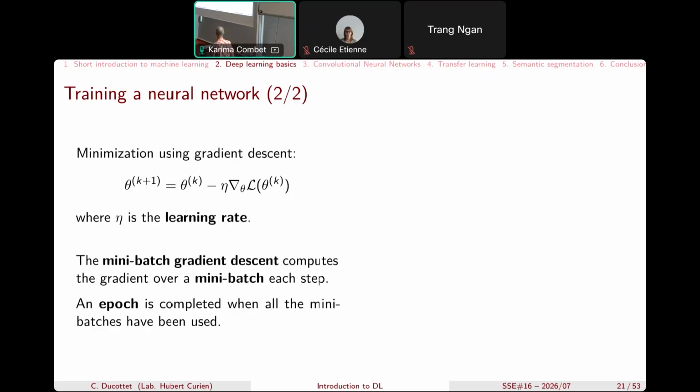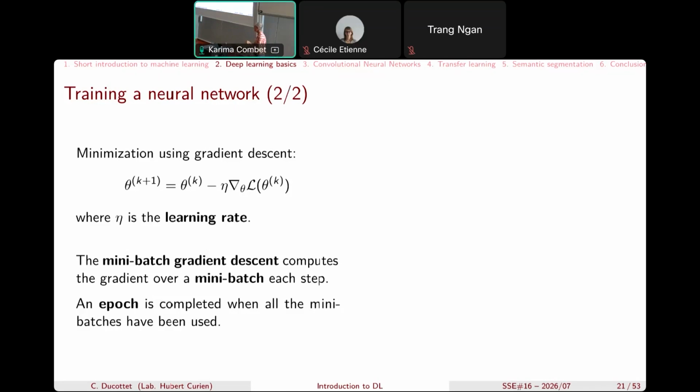We are not taking only one training sample, but a small set of training samples. We split all the training samples into small sets, randomly. And at each iteration of the gradient descent, we take one different small set of training samples, which is called a mini batch.